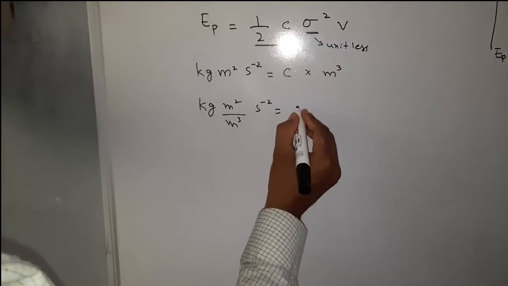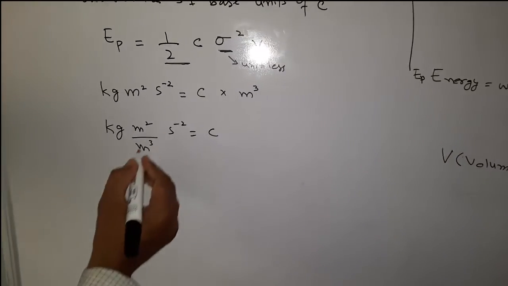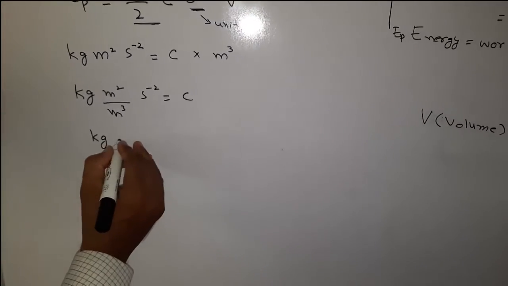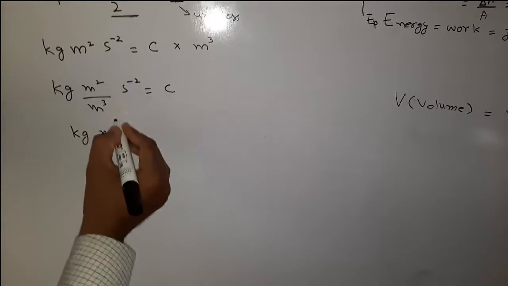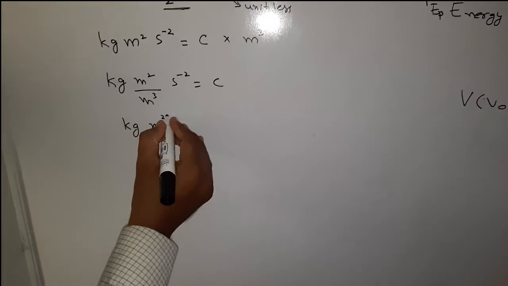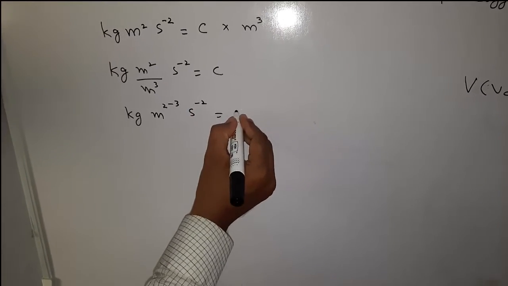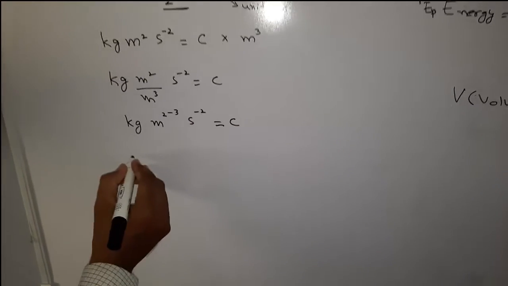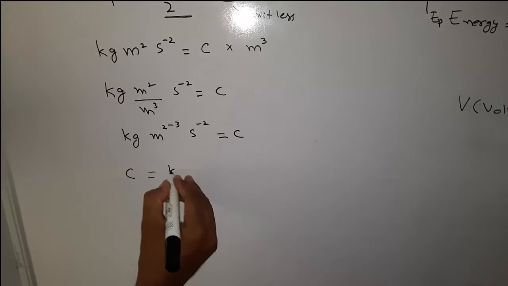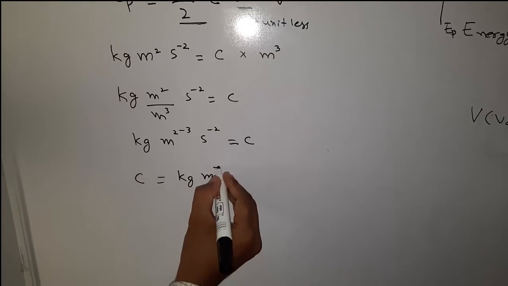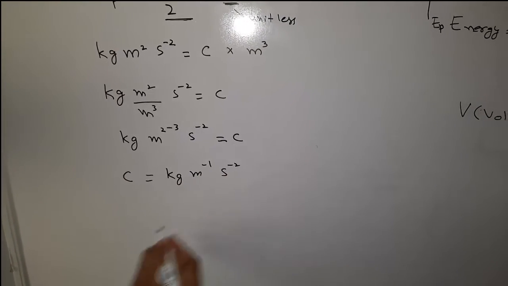per second square C. Now finally it comes out to be kilogram. There is a base which is dividing, so meter power 2 minus 3, second minus 2, this will be the unit. Now more simply we can write it as kilogram meter power minus 1 second power minus 2.